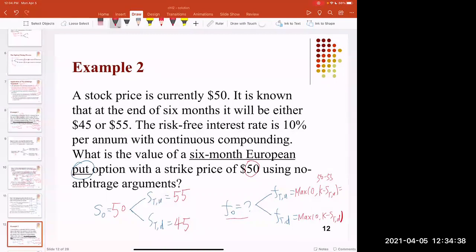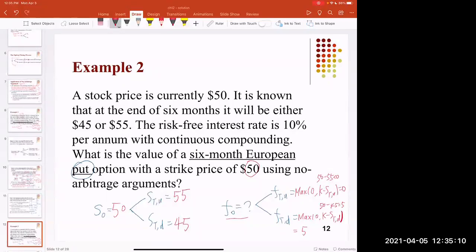Because 50 minus 55 is less than 0, that's a negative value, so we cannot take a negative value, we take 0. That's correct. And how about when the stock price goes down? K is 50 and the stock price going down is 45, so equal what? 5. Yes, that's correct. So we take 5, which is the maximum value between 0 and 5. Good.